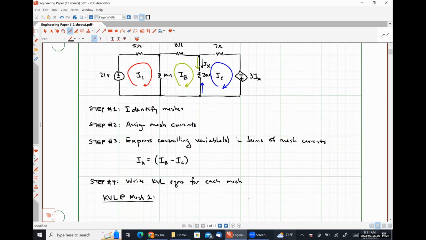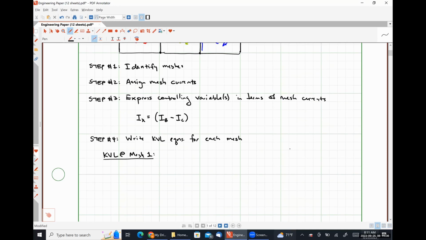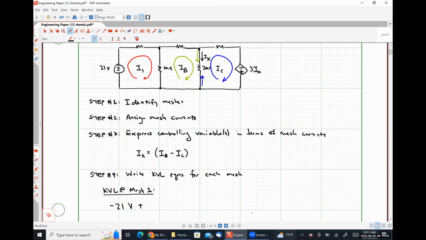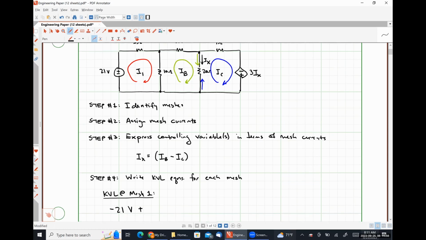Starting from the bottom left-hand corner, what are we going to have? Okay. So we're going to see the negative polarity terminal of our 21 volt source first. So we're going to have negative 21 volts. Then we're going to have the voltage drop across this 5 ohm resistor. Now this one's going to be particularly easy because there's only one current flowing through the 5 ohm resistor. It's that current I1. So we're just going to call this term plus 5 ohms times I1.